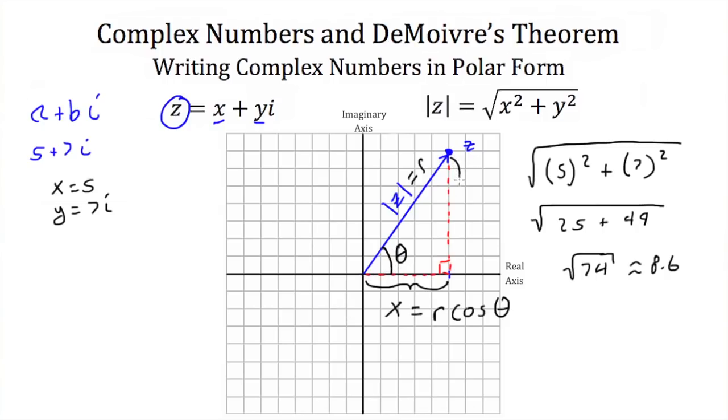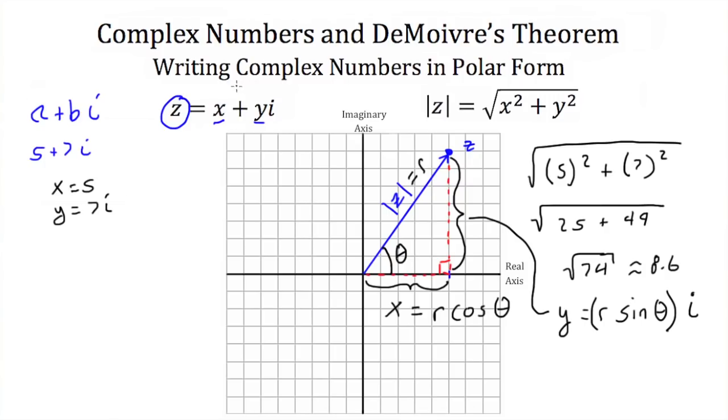And then our y value is always equal to r times the sine of theta. But remember that we're going in the imaginary axis. This is not the y-axis, this is the imaginary axis. So even though I'm calling this y, this is really r sine theta times i, times the square root of -1.